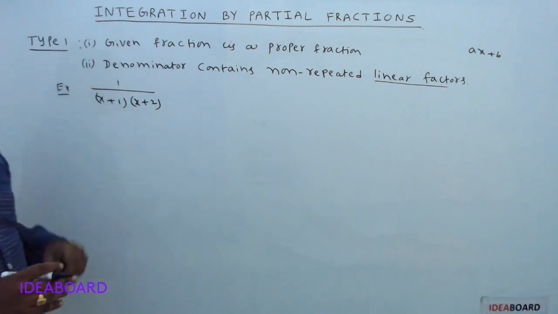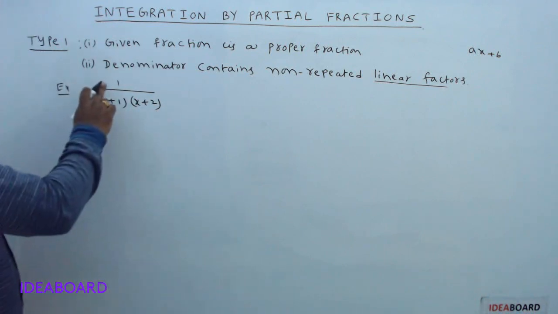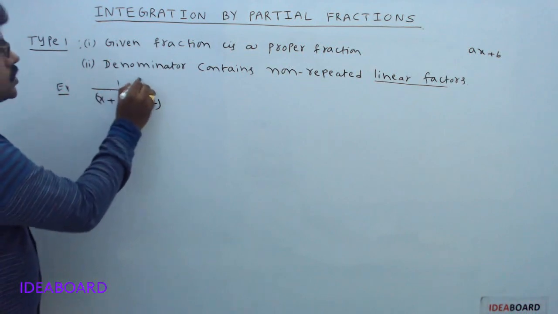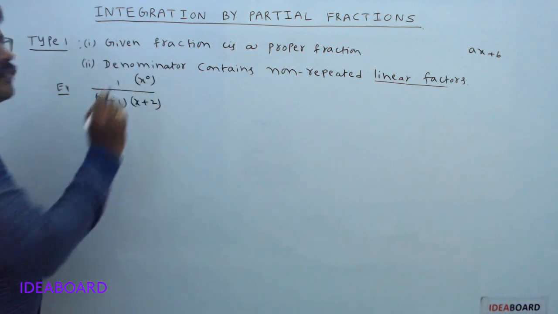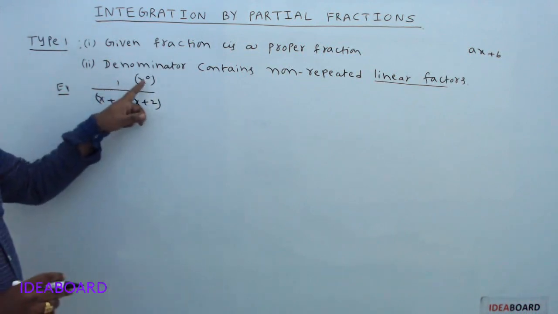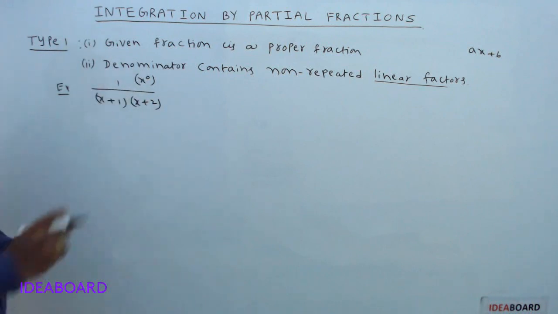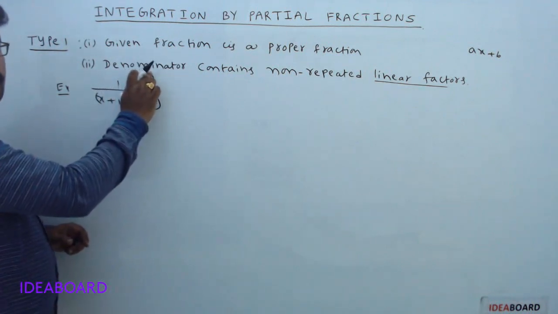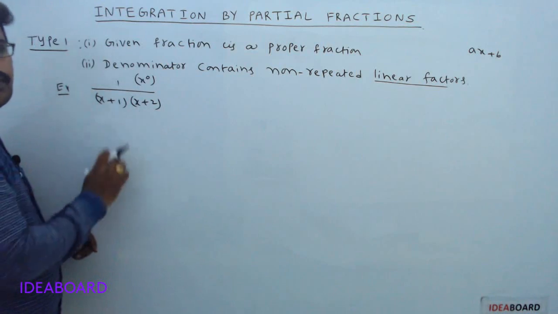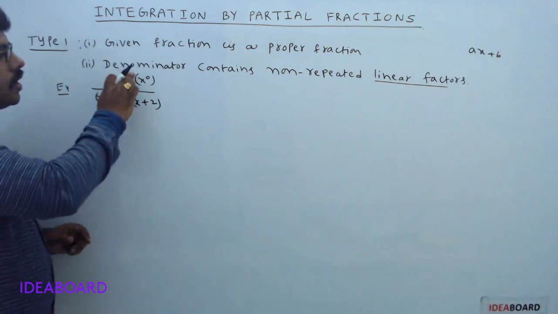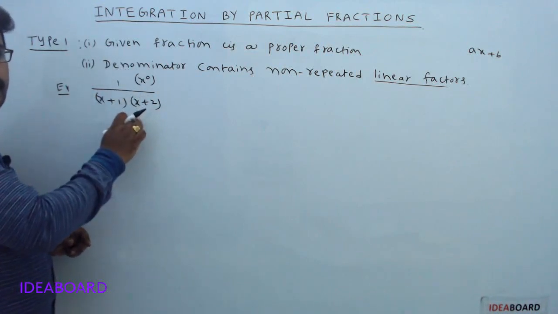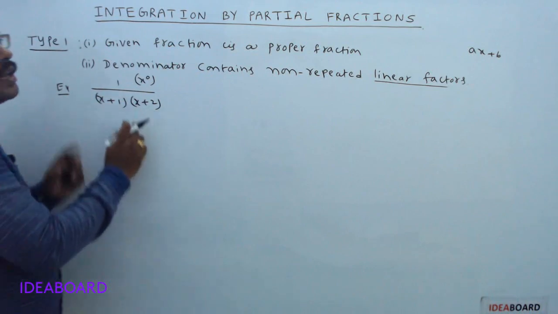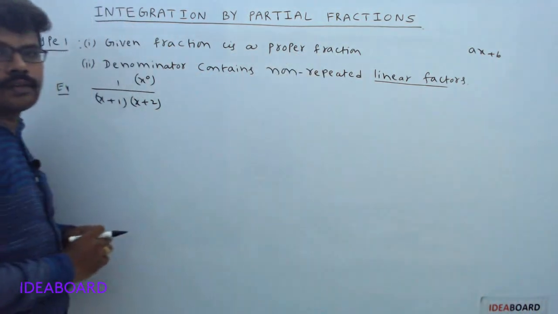Now, what is the degree of numerator? Here 1 can be taken as x to the power 0. So degree of this numerator will be 0. Clearly, degree of numerator is less than degree of denominator. It is a proper fraction.